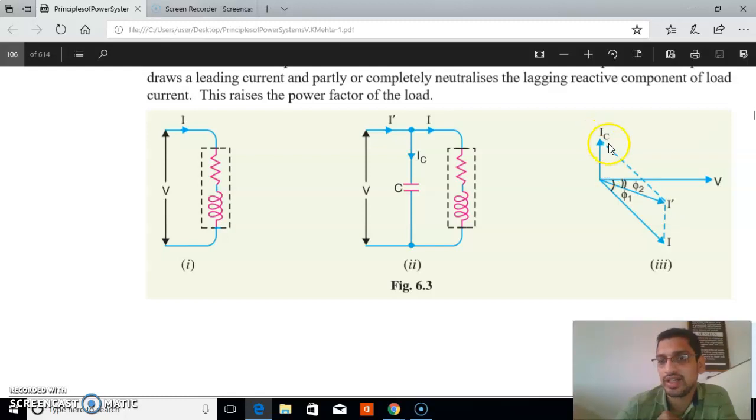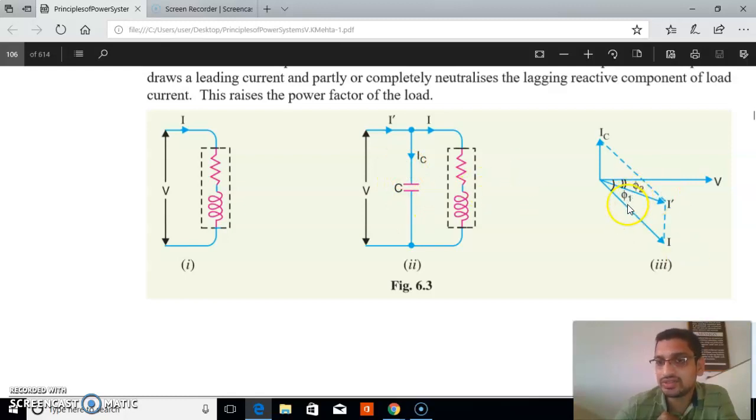By constructing a parallelogram between IC and I, we get another vector, that is I dash, and phi 2. Phi 2 is the angle between voltage V and the circuit current I dash, the circuit current of the second figure, after the power factor correction.